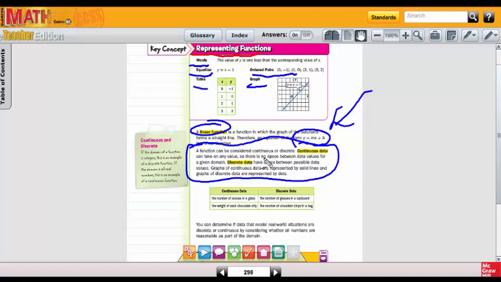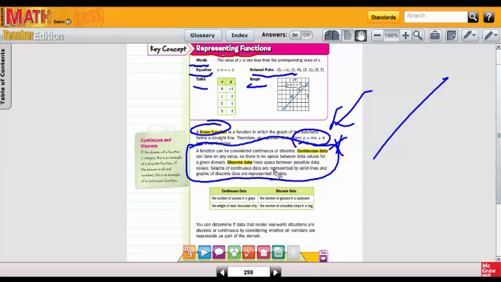A function can be considered continuous or discrete. These are two new vocabulary words you need to make sure you put in your notes. Continuous data can take on any value, so there is no space between the data values for a given domain, and then we would draw a line to show that. Discrete data have space between possible data values.